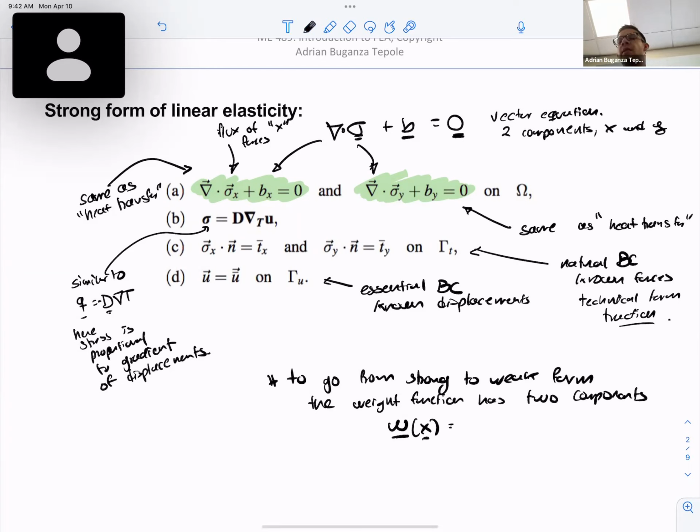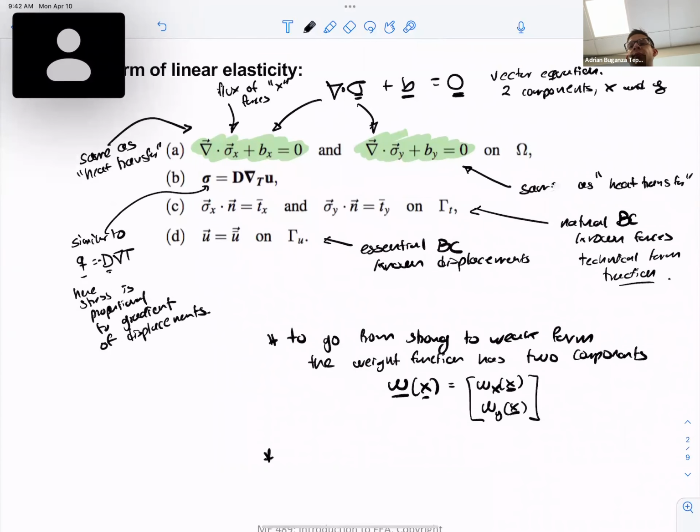So there is an X component and there's a Y component. Just to keep in mind. And similarly for your unknown, the unknown is the displacement field. And then, because this is a vector problem, it's also a vector. So there is a UX and there's a UY.